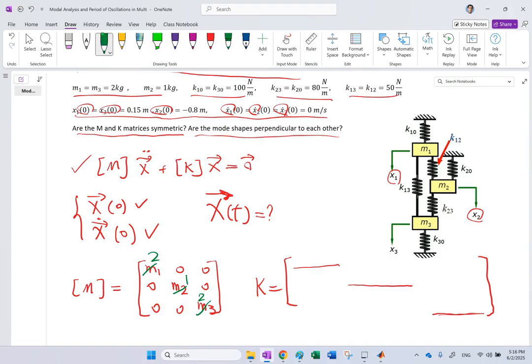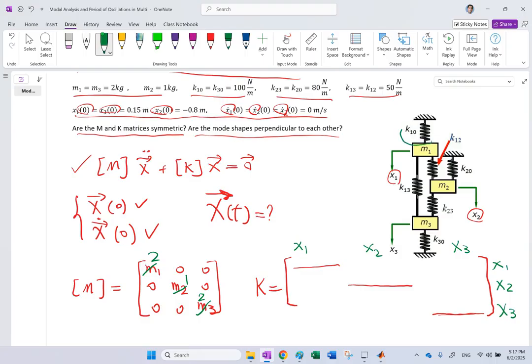Remember that this first column is like x1, the second column is x2, the third column is x3. Also, the first row is x1, the second row is x2, and the third row is x3. So this element 1,1 is everything that is applied to motion x1. And this is x1 for M1. So here we are looking at any spring that is attached to M1.